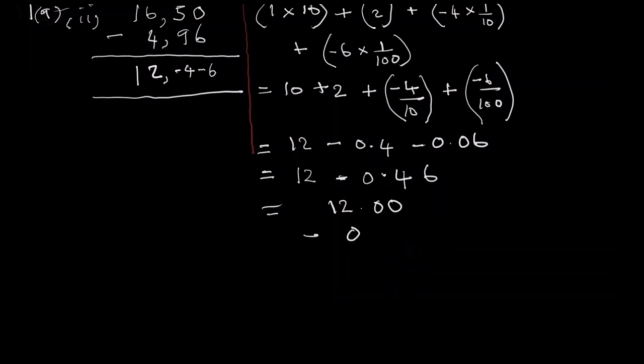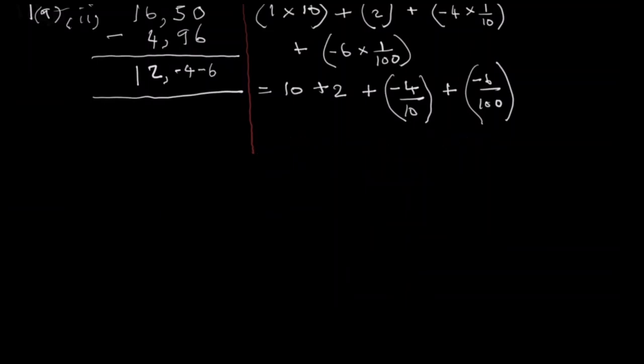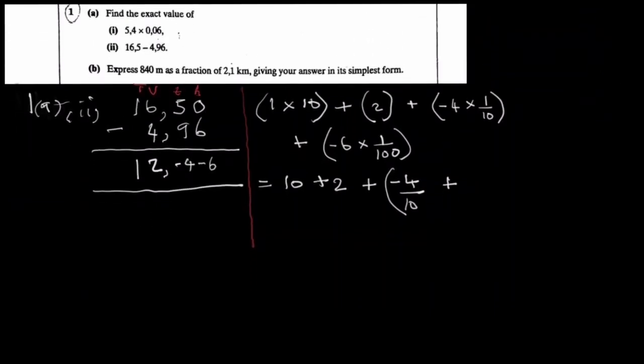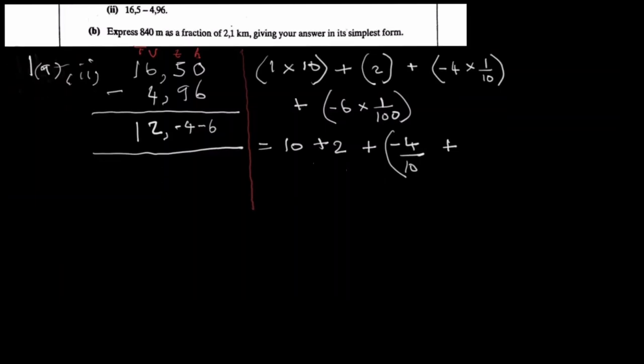Bear with me as I clear the working space. Now we are going to take question 1b. And what does question 1b say? It says express 840 meters as a fraction of 2.1 kilometers, giving your answer in its simplest form.